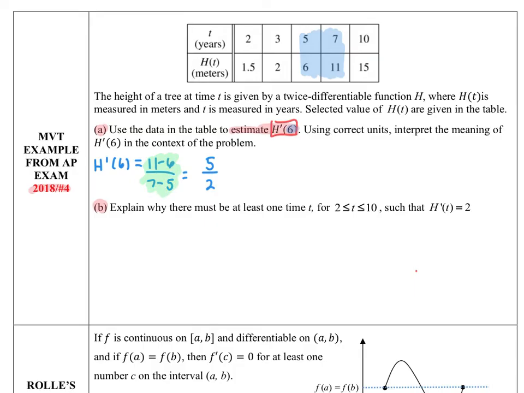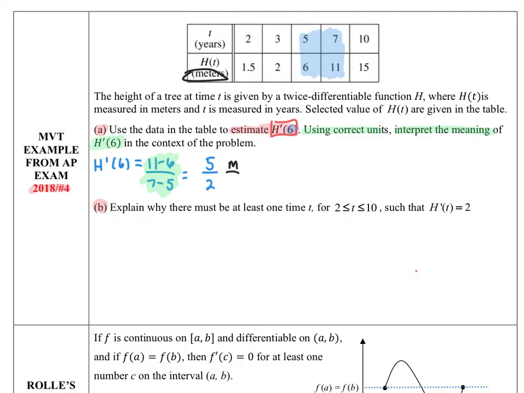There's a second part to question A that says, using correct units, interpret the meaning of this h prime of 6. And what I know is that that is an instantaneous rate of change, so I would just say that as my explanation. My units of that 5/2, if you just look at the units of the 11 and the 6, well, the units on that were meters, so this is meters.